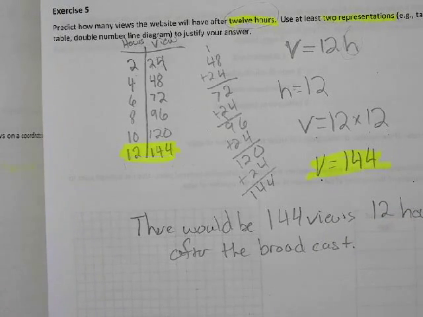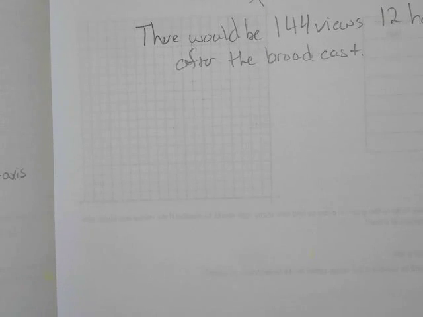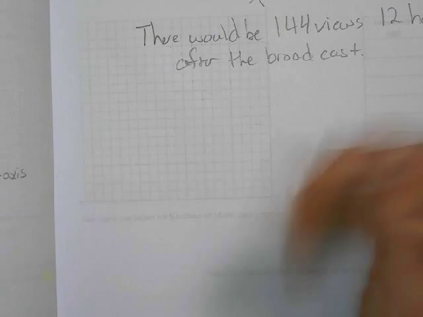If you chose to do a double number line, it would be like your ratio table that I just did on its side.